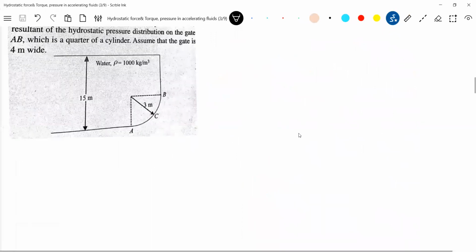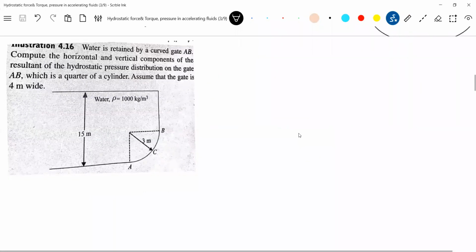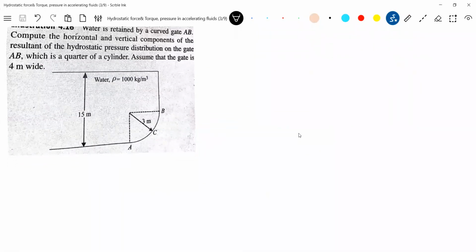Now, another problem, this is about a curved gate AB, which is a quarter of a cylinder. Assume that the gate is 4 meter wide.